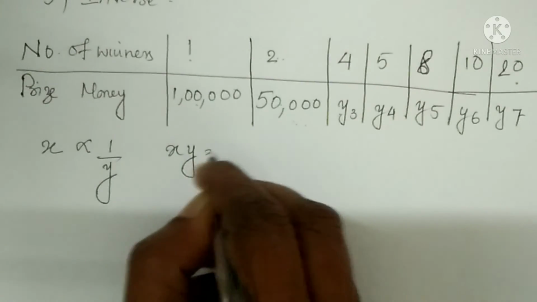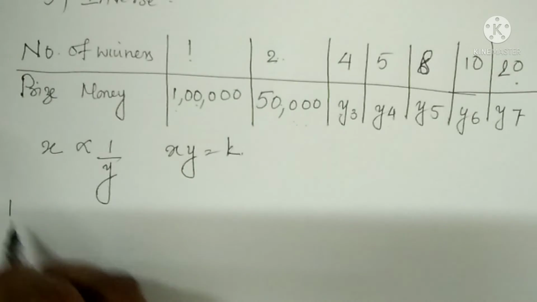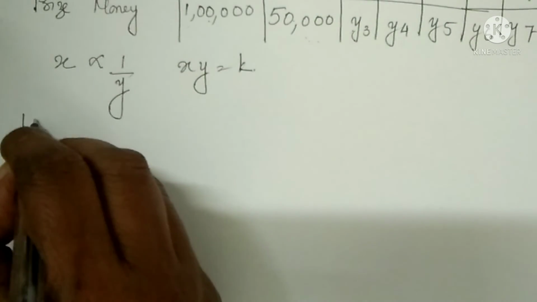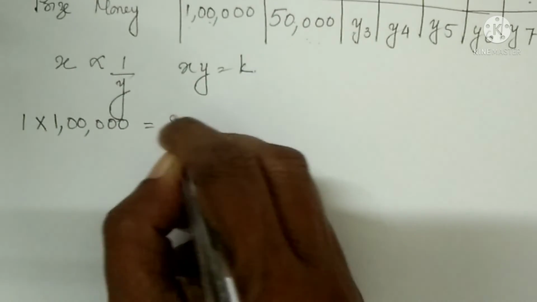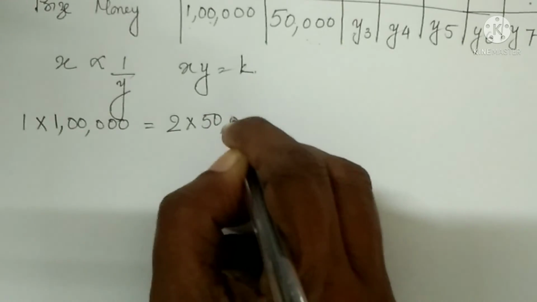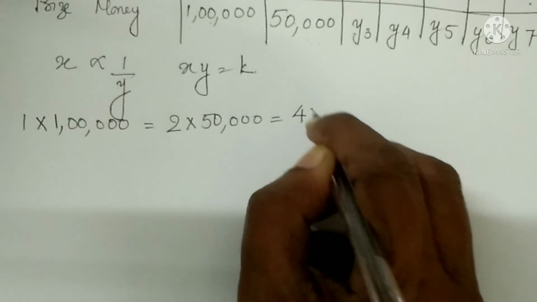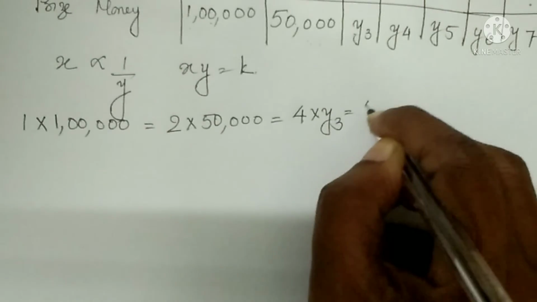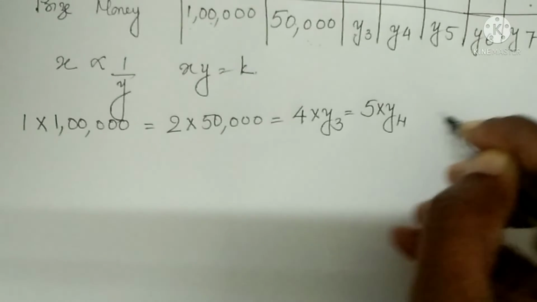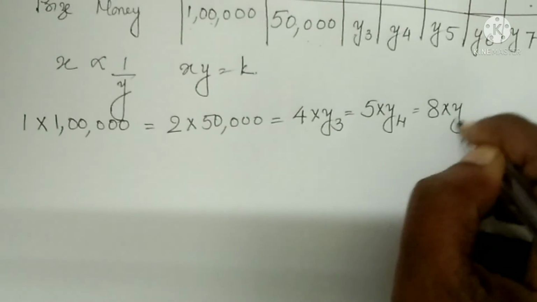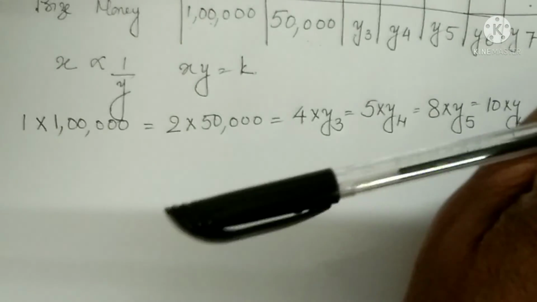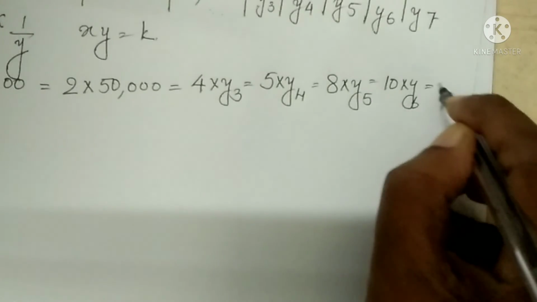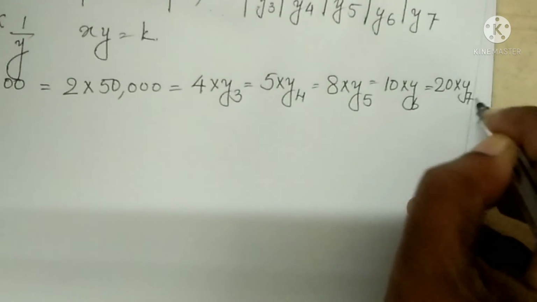XY is equal to K. So 1 into 1 lakh is equal to 2 into 50,000, is equal to 4 into Y3, 5 into Y4, 8 into Y5, 10 into Y6 and 20 into Y7. All will be equal. Okay, that is the condition.